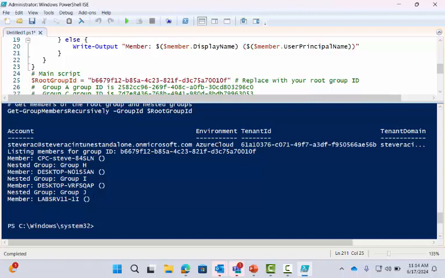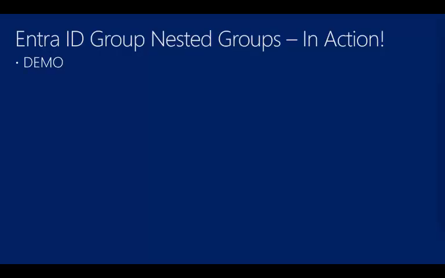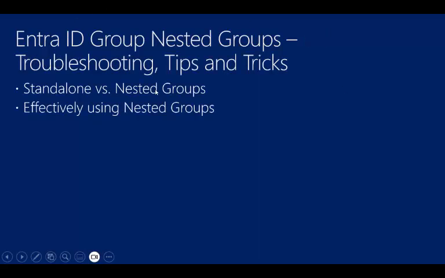So H is part of G directly, I is part of H directly, J is part of I directly. All three are part of G, though, because of the nesting, if that makes sense, right? So pretty cool way to go through and validate things are as they should be, right? So anyway, cool stuff.